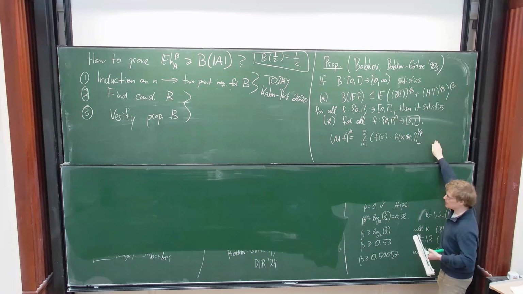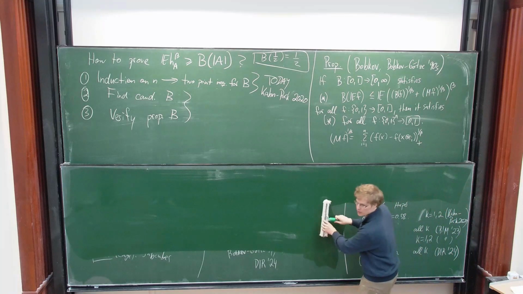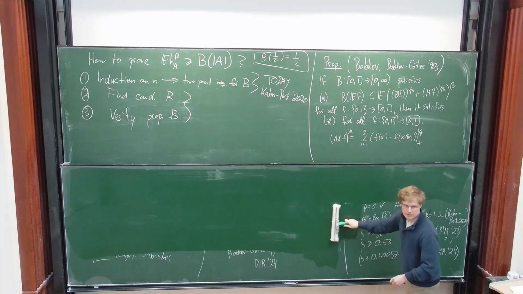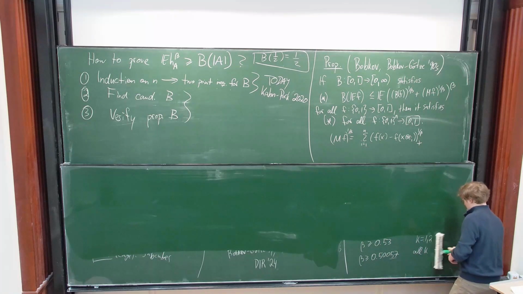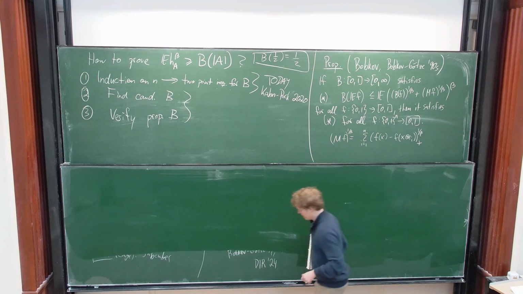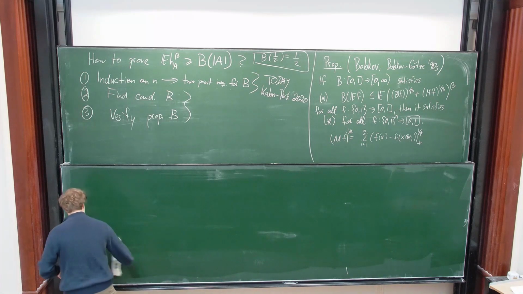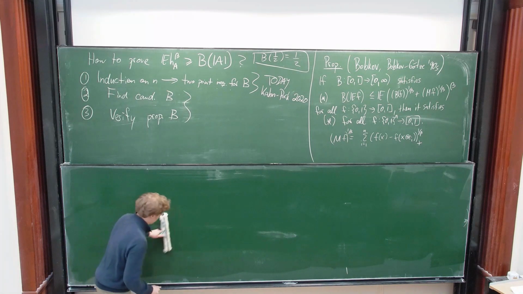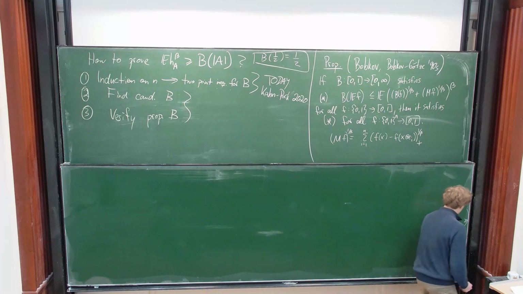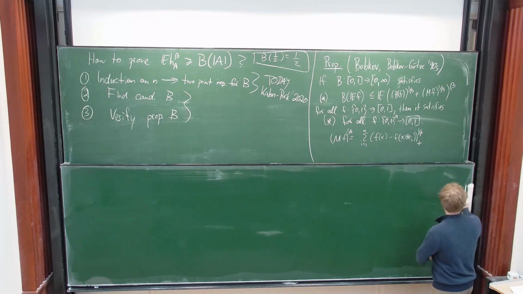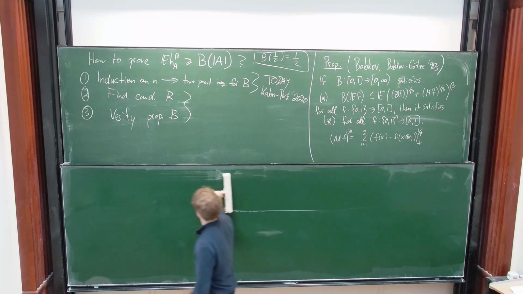Okay, now think about what happens when we plug in the indicator function of a set A for f. Think about what happens to the functional inequality while I clean the board. So, anyone?